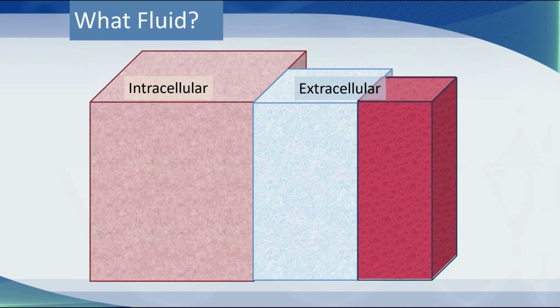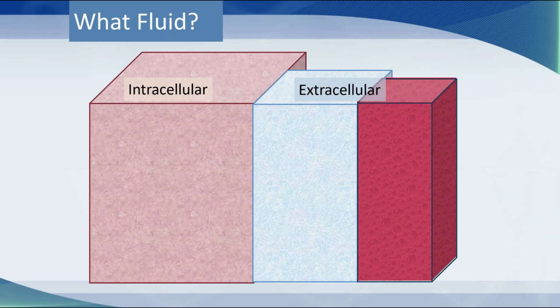In terms of the kind of fluids you give, just to remind everybody, if you give a 5% dextrose solution, that dextrose finds its way all the way across body water, and it will distribute 66% intracellularly and about 33% extracellularly, and only a third of that will stay in the bloodstream.